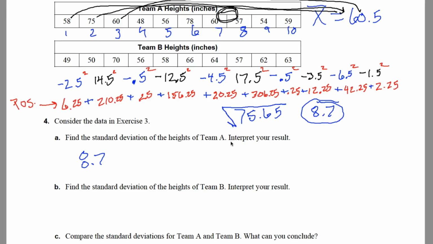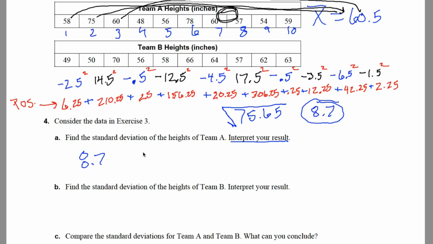Now, what does that mean? To interpret our result, what does it mean that the standard deviation is 8.7? It means that normal is about 8.7 in either direction, times 2. Two standard deviations is normal.